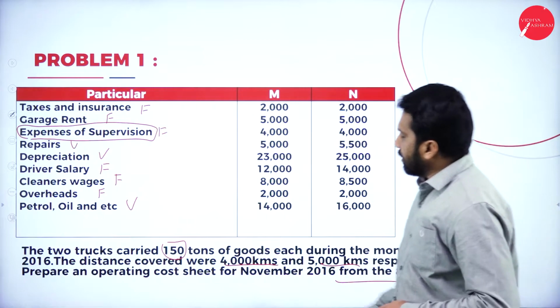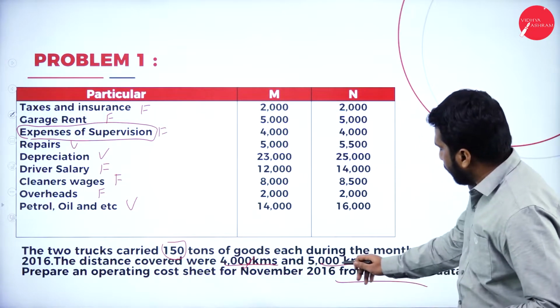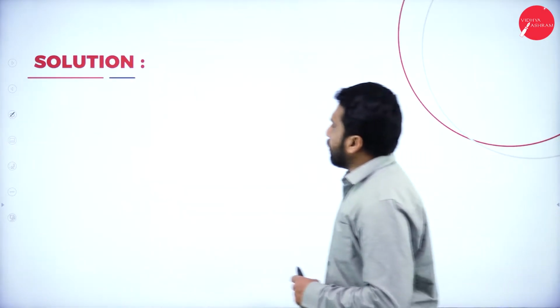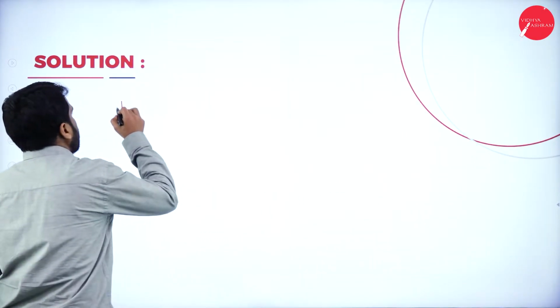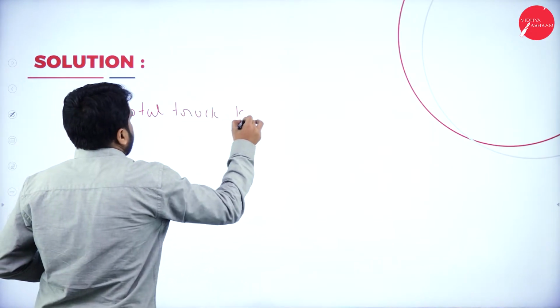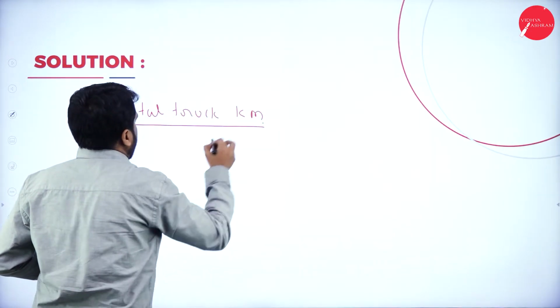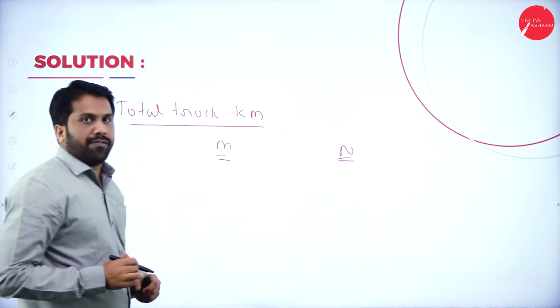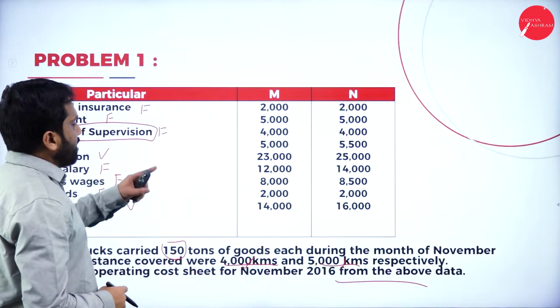Two trucks means one for M and one for N. We will find out the total truck kilometer for M and for N. We'll calculate for both. M is how much?